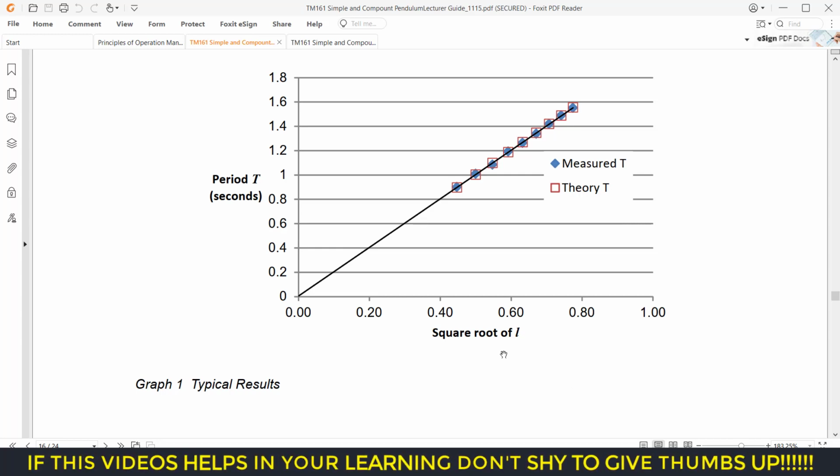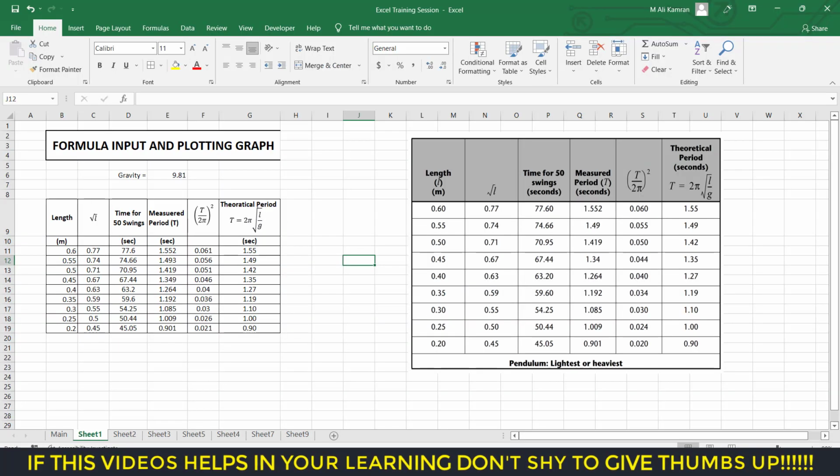As we can see, why do we want to plot against the square root of L?